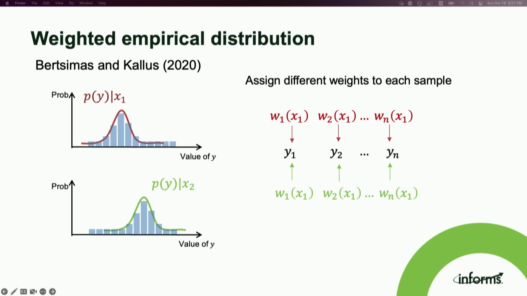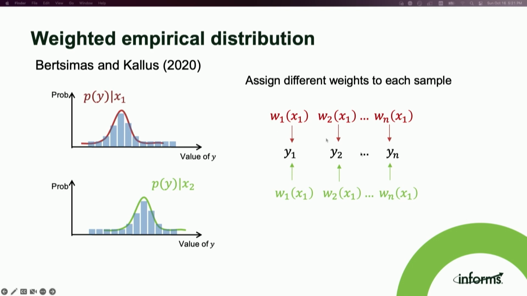In this seminal paper by Bertsimas and Kallus, the authors proposed a clever idea that we may assign different weights to each sample that we collected, and that weight can depend on the value of x.